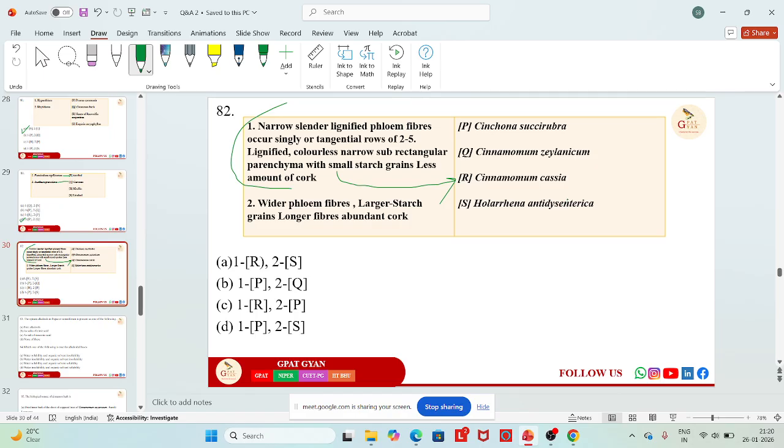And for the Cinnamomum zeylanicum, there is presence of medullary rays that is not present in cassia, and cinchona does not contain this kind of characteristic. They have idioblast and all. So option A is going to be the right answer.